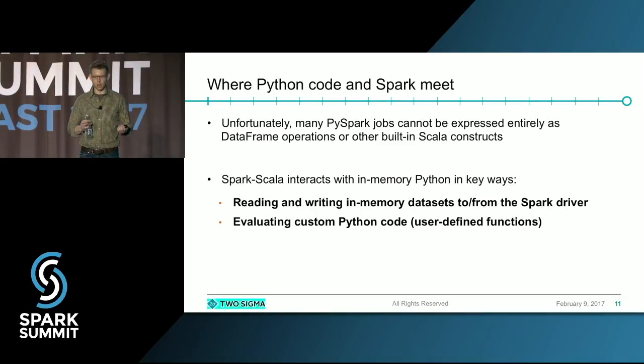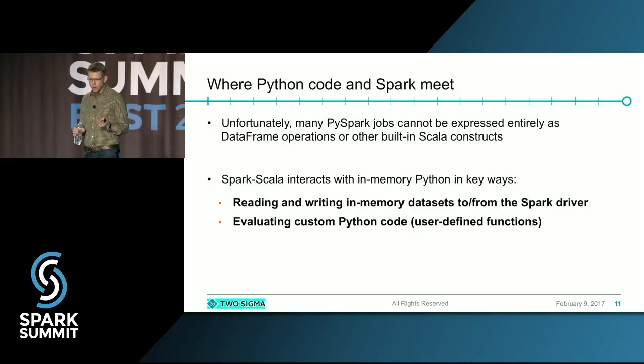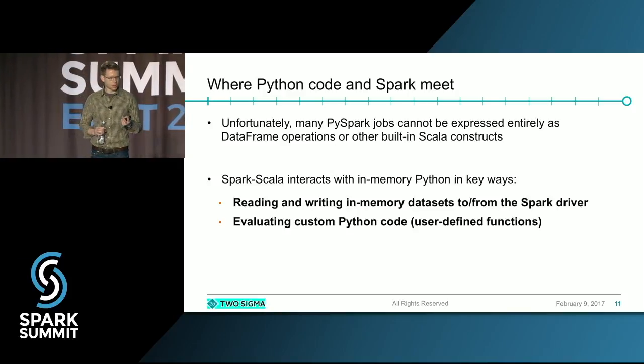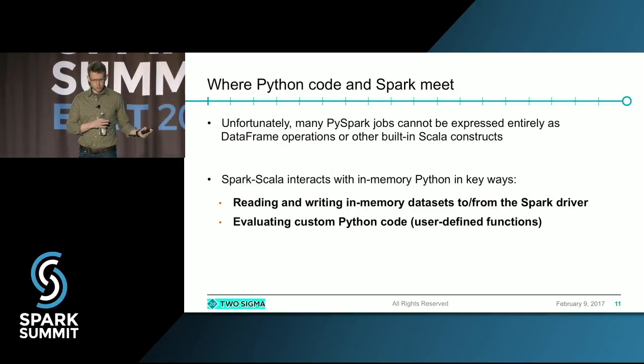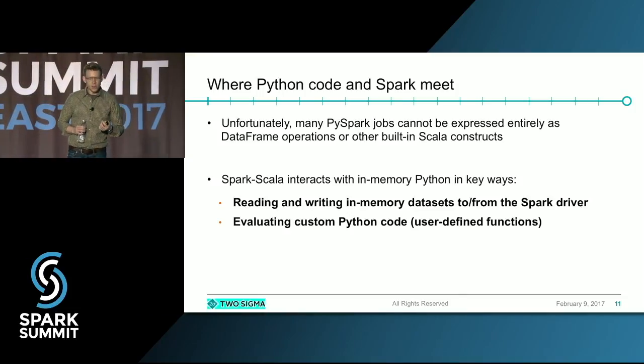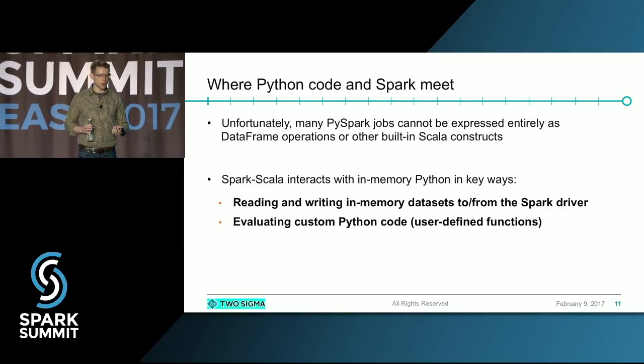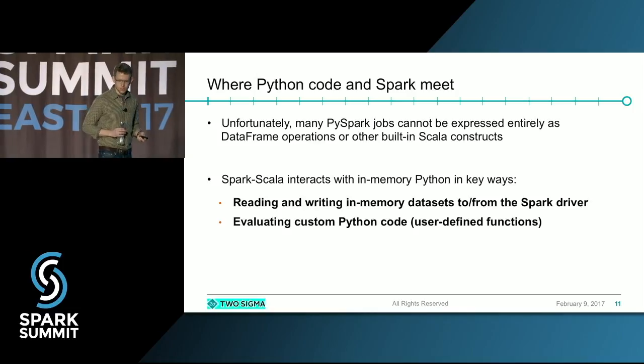A lot of the code that you write in Python assumes that the data is in memory. So the two key ways where Spark, the Scala part of Spark, interacts with Python is pushing and pulling data sets to and from the Spark driver and running custom Python code, which I typically call UDFs, user-defined functions.